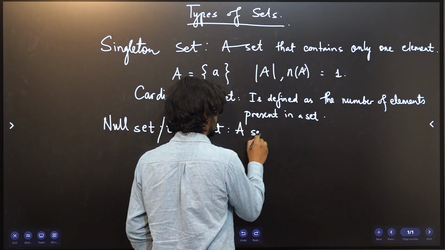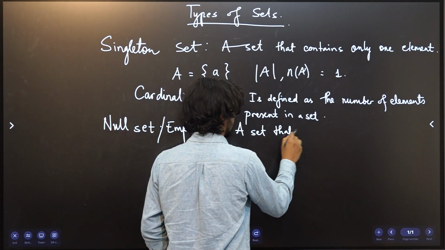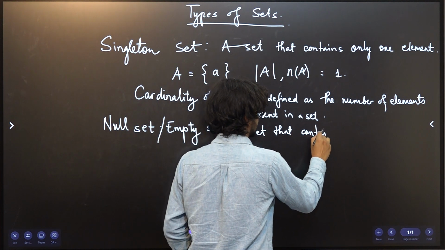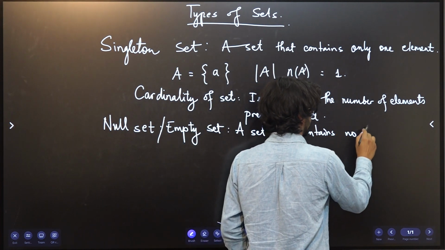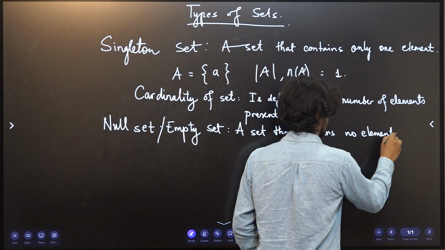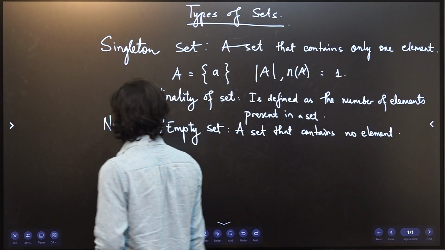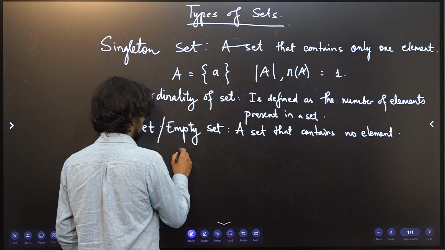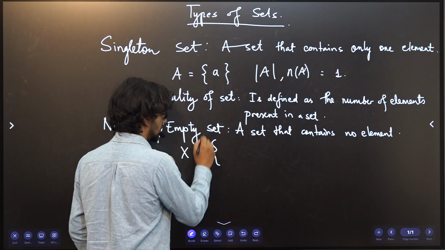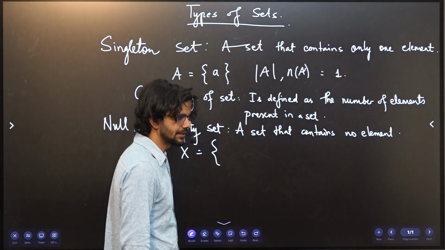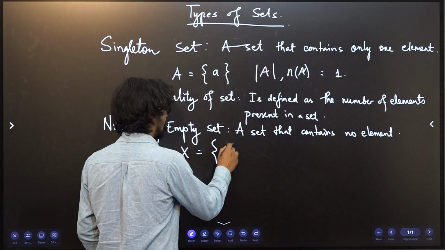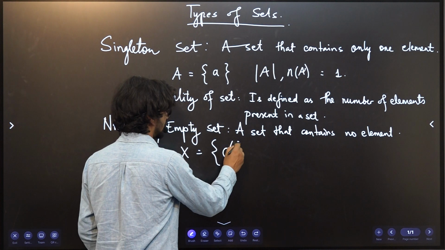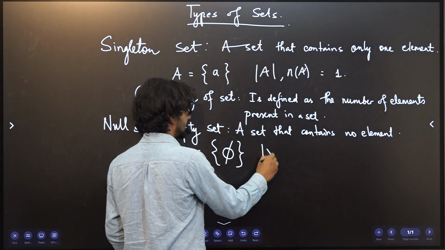A set that contains no element. So what is its cardinality? For example, empty set X equals to, how do you write a null set? Phi. Okay. So what's the cardinality of X?